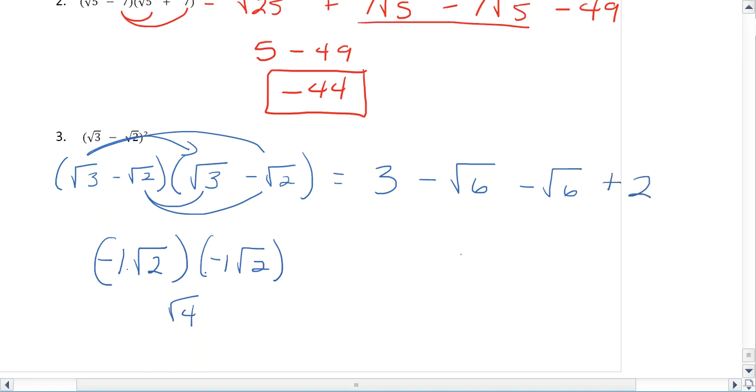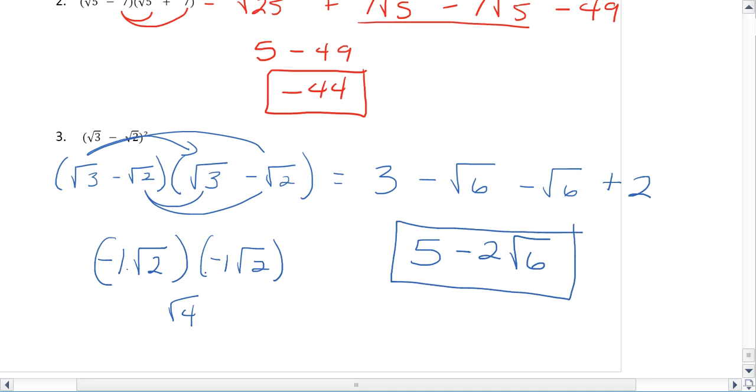So make sure you ask if that's not clear. And now we can combine some like terms. We have 3 plus 2 is 5. And a negative 1 square root 6 and another negative 1 square root 6 is a negative 2 square root 6. So this time we ended up with a binomial as our answer.